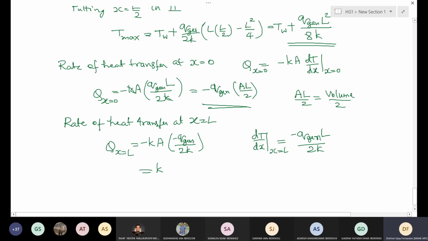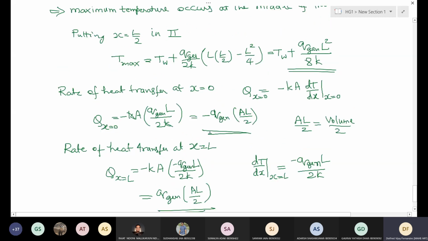Oh, sorry, Q generation L is there. So this can be written as Q generation into AL by 2. So half of the heat will go to the left side, half of the heat will go to the right side.